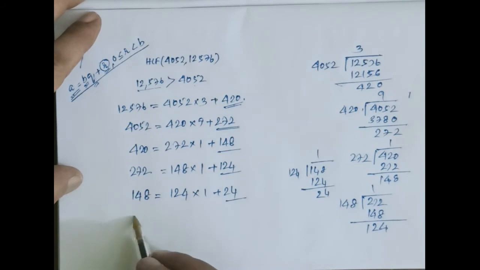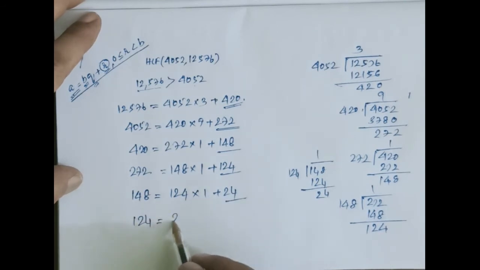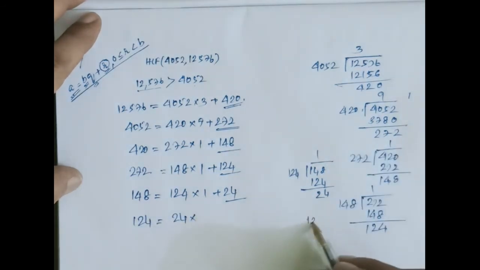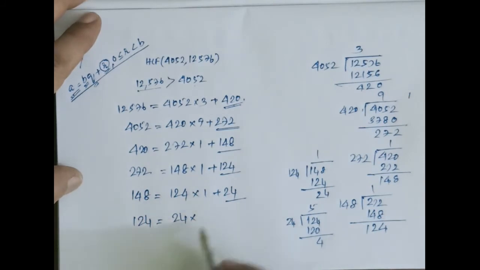Again, 124 divided by 24 is 5 times, 5 times 24 is 120, remainder 4. So 124 equals 24 into 5 plus 4.